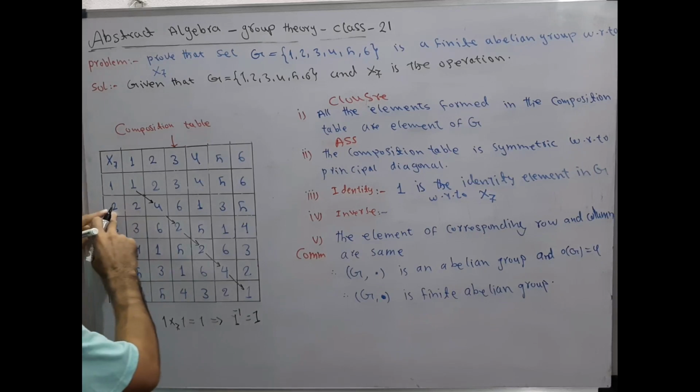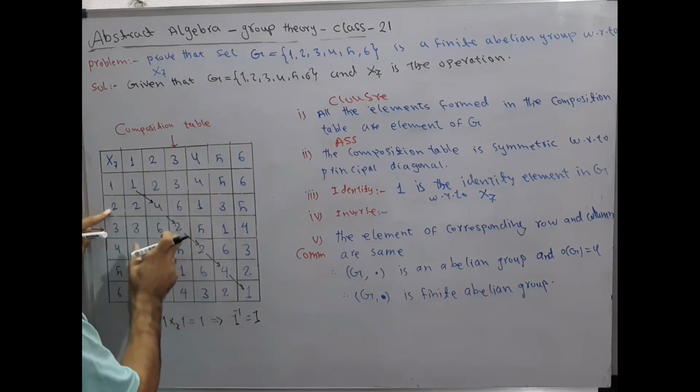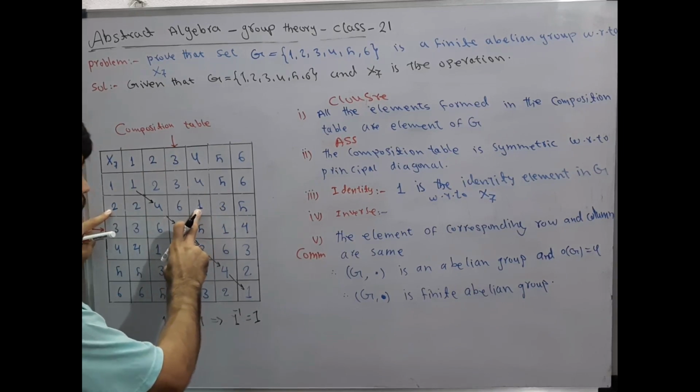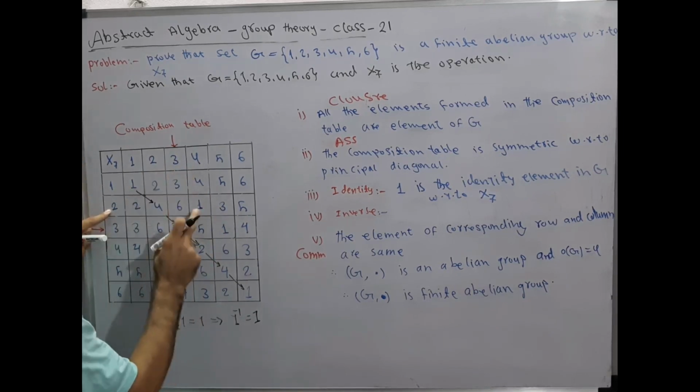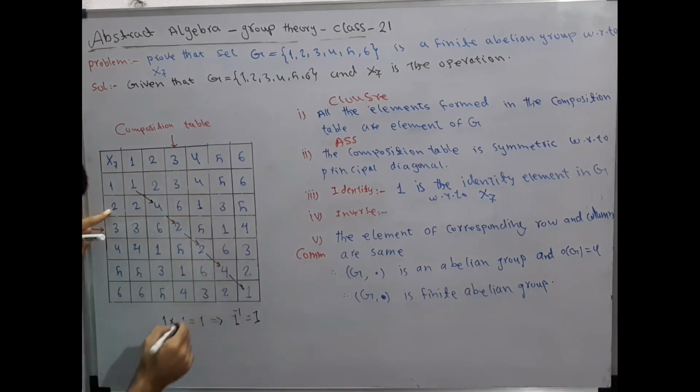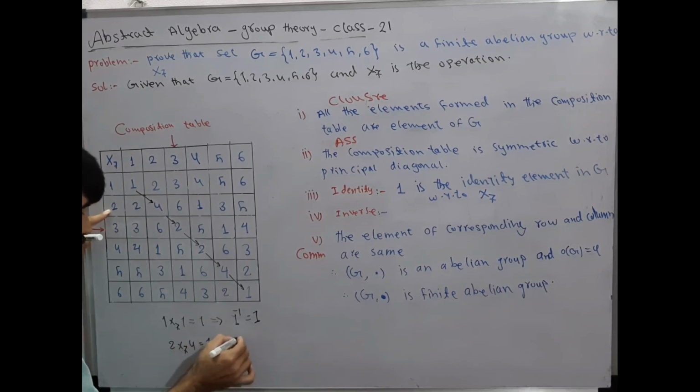Now, the inverse of 2. 2 by which element does the result become 1, the identity element? 2 by 4 becomes the identity element 1. Therefore, 2 into 4 modulo 7 equal to 1, which implies 2 inverse equal to 4.